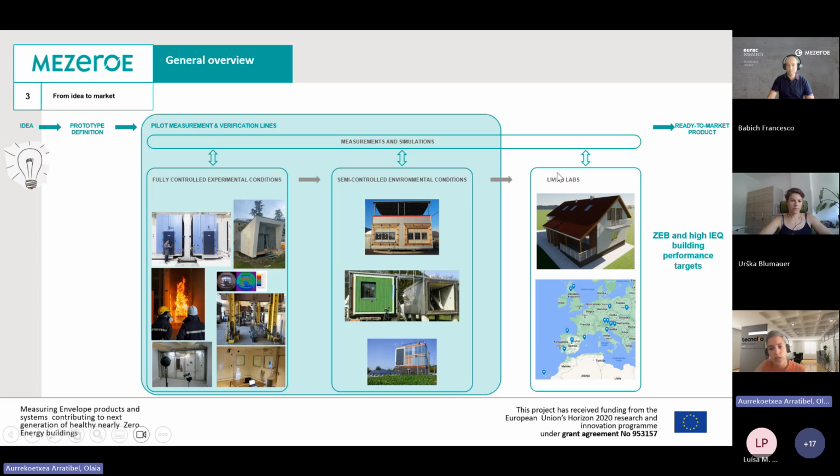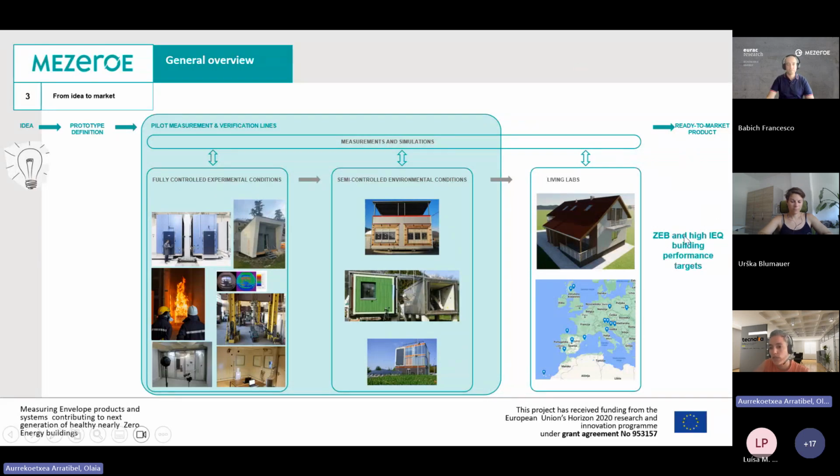And then Ursula will talk to us about the living labs, where the main idea is to offer them different measurements and simulation tools to characterize their product and check the correct performance of the products, so that then they can go to the market or start the certification process or so on.